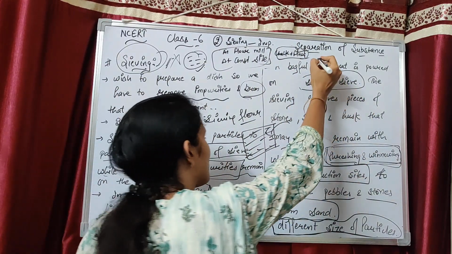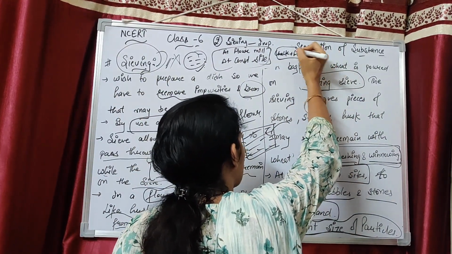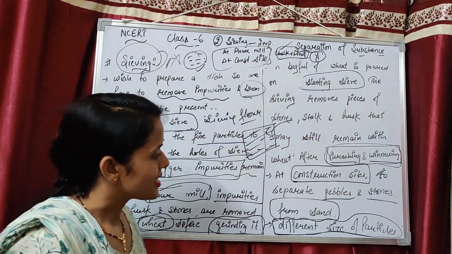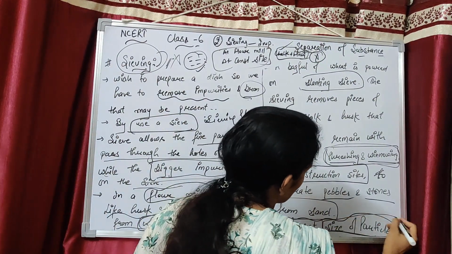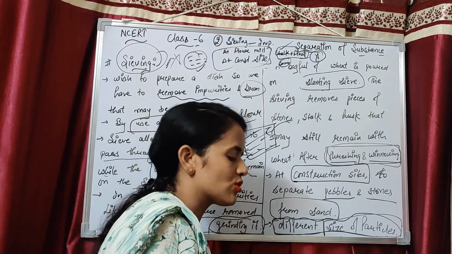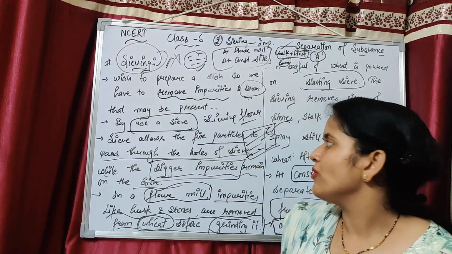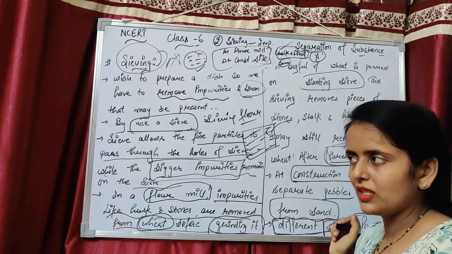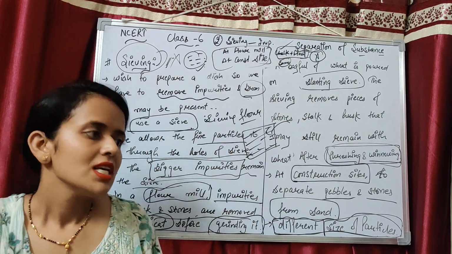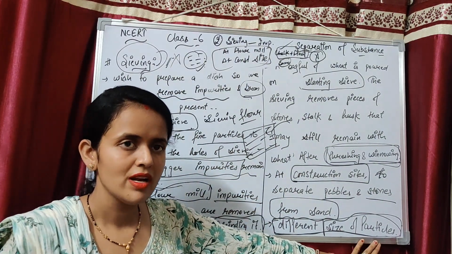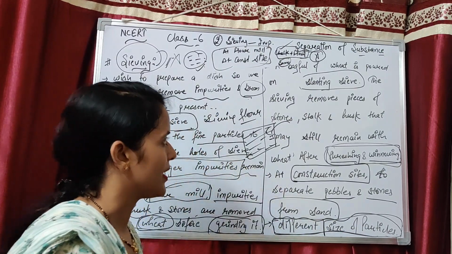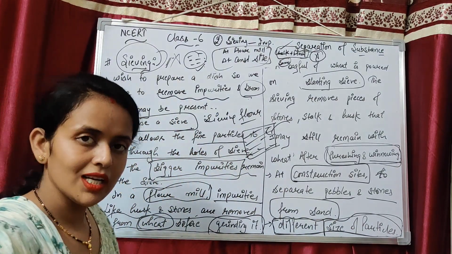No, you will not apply the sieving method to separate the chalk powder and the flour, because both have the same size of particles. So for applying the sieving method, we need different sizes of particles. The most important line for sieving is that the size of particles should be different, one bigger and one smaller. Particles of the same size will not be separated by sieving. Clear to all of you?